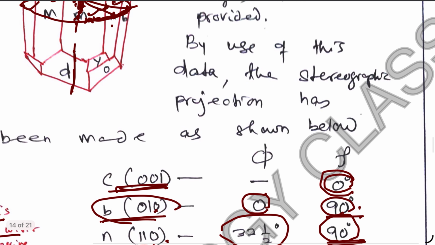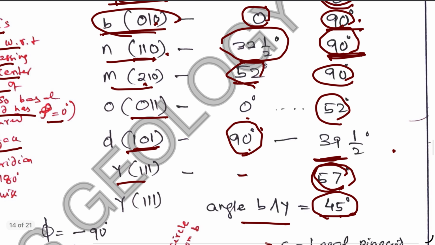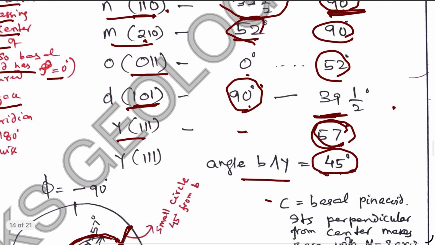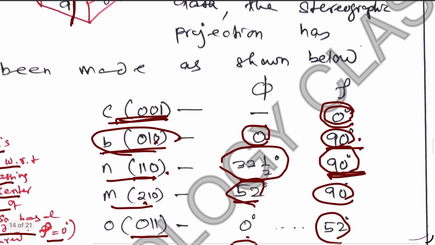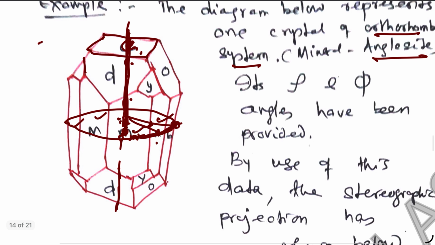or with respect to this 0, 0, 1 plane, one face. Other faces, for example Y, is not directly found to be linked to these faces.